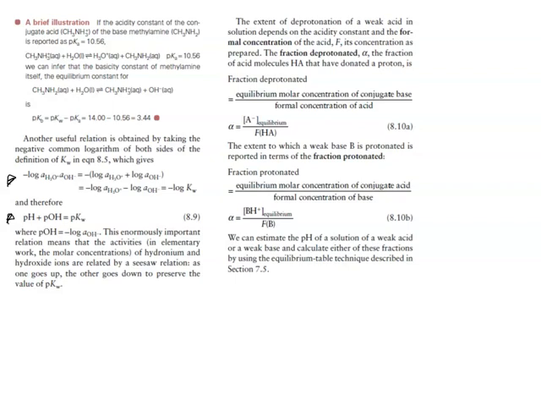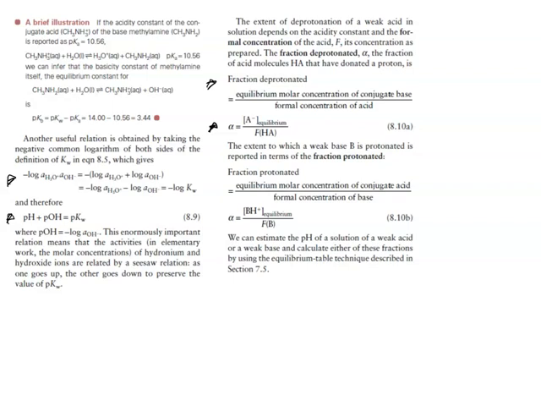The fraction deprotonated, alpha, the fraction of acid molecules HA that have donated a proton, is as follows, where fraction deprotonated equals the equilibrium molar concentration of the conjugate base divided by the formal concentration of the acid, which is what it was prepared at.